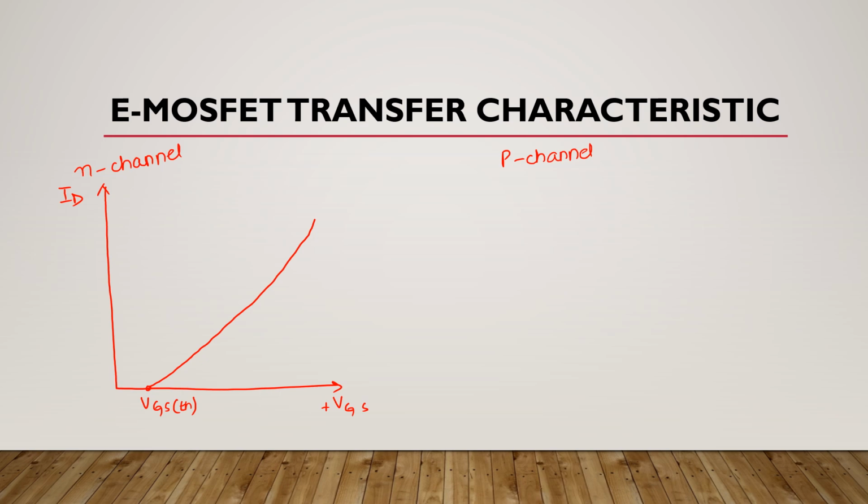Now what about P-channel E MOSFET? As I have mentioned in my previous slide that negative gate to source voltage will turn the transistor on in case of P-channel E MOSFET.